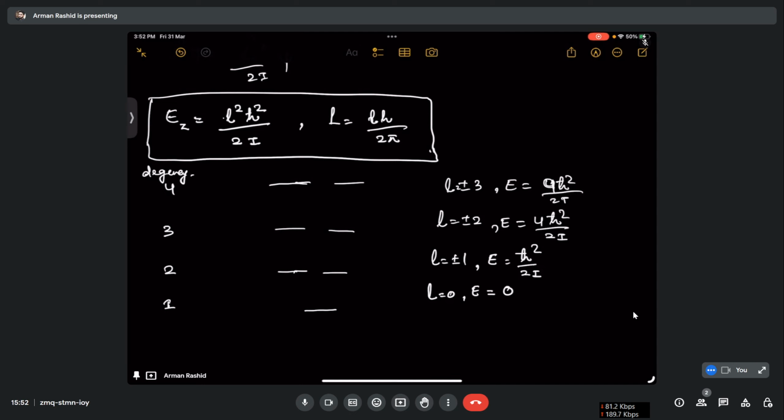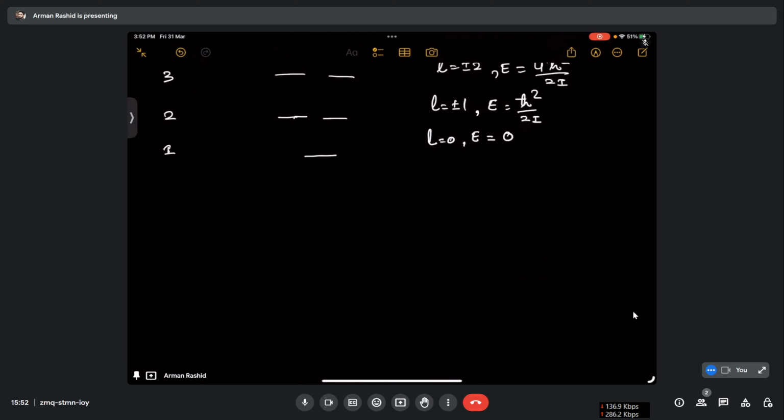Now if we have a three-dimensional rotor, for example an electron moving over a C60, or a diatomic molecule that is moving in all directions, then it will have Lz, Lx and Ly. So it has angular momentum along the three directions, and also a total energy.